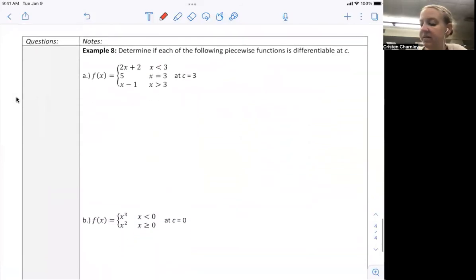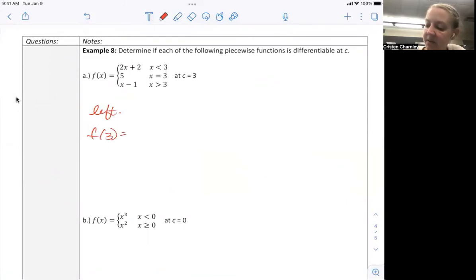Example 8, determine if each of the following piecewise functions is differentiable at c. Well, you have to do two things. One, you have to make sure it's continuous, and two, then you want to check to see if it's differentiable. So we are going to do the left side. I am going to find f of 3 on the left-hand side. Think of your limit. This is technically a limit idea.